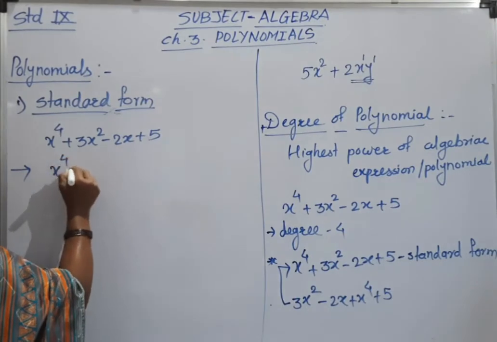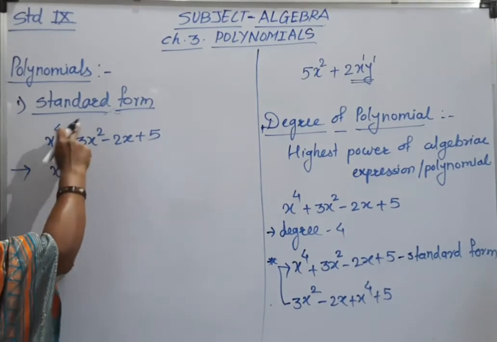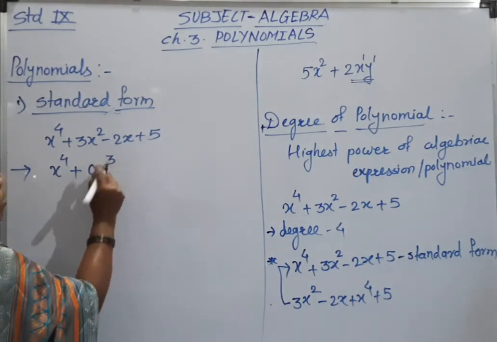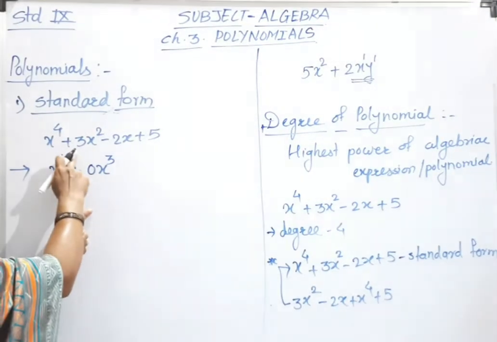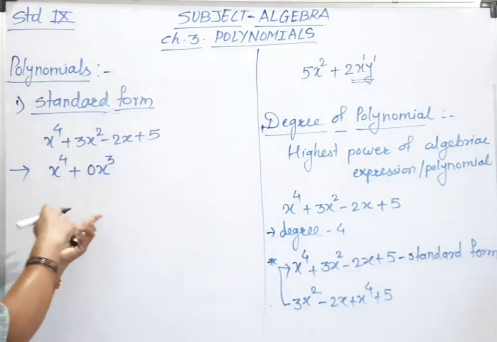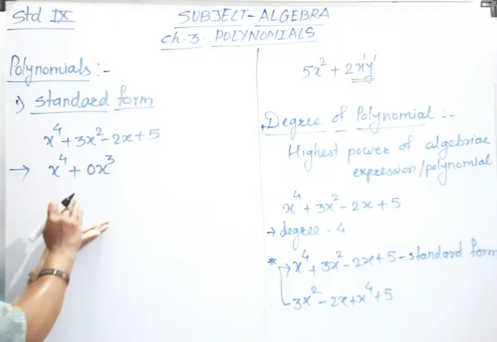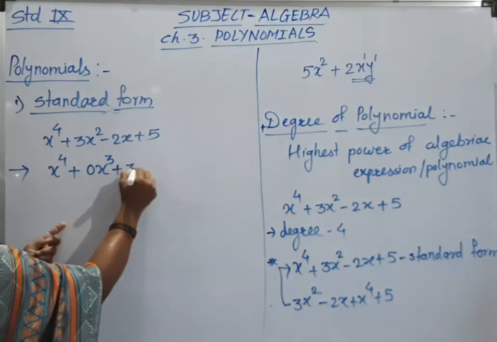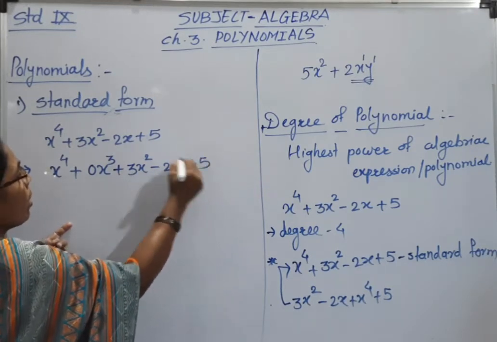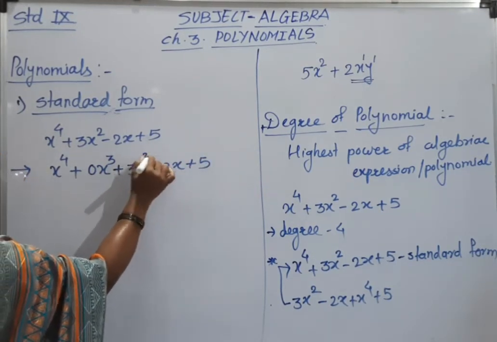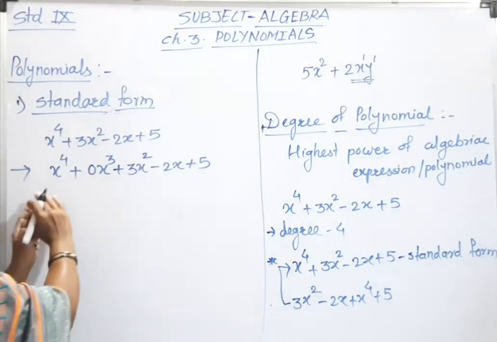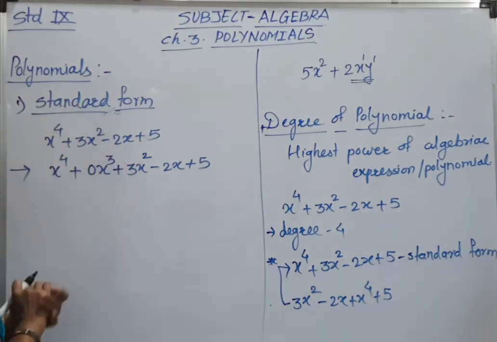Here x raised to 4 plus, now the cube term is not here, so we have to write 0x cube. 0x cube means nothing, and when we add or subtract 0, there is no change. Plus 3x square minus 2x plus 5. Now you can understand, here 4, 3, 2, 1 and 0. So this is the standard form of a polynomial.